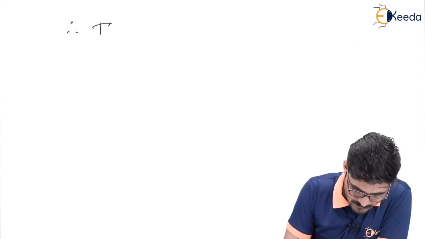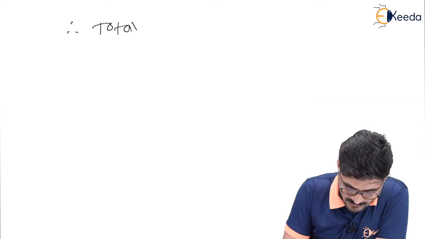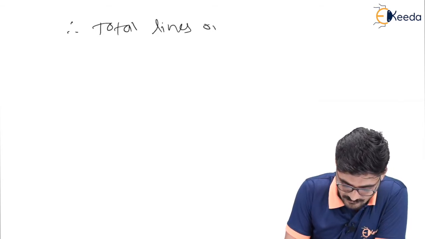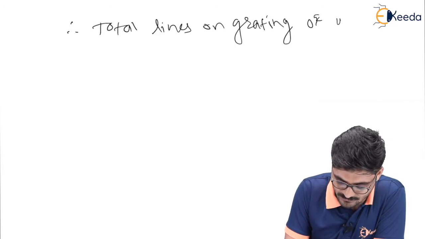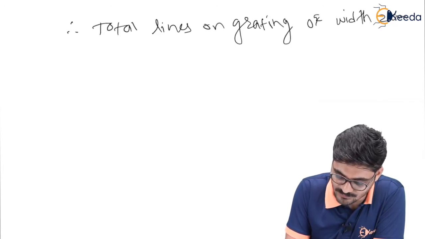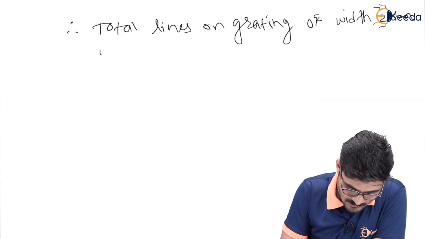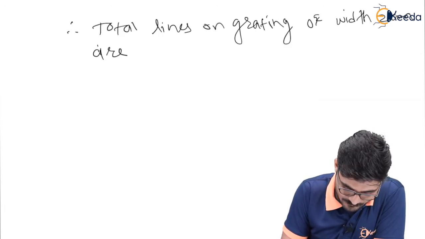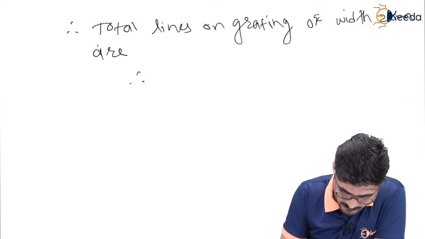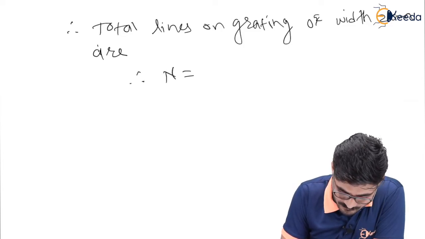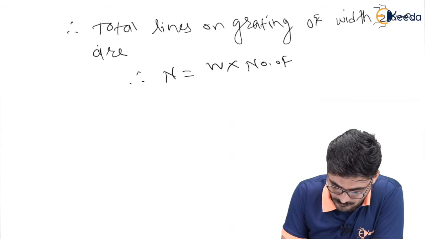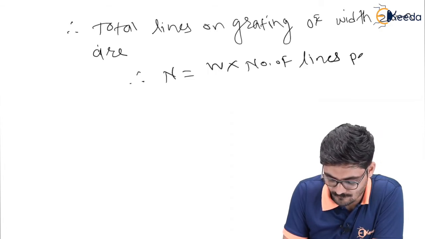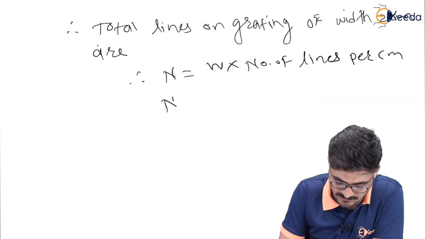Therefore, total lines on grating of width 2 centimeter are, therefore, N is equals to width into number of lines per centimeter, and then just put the value.